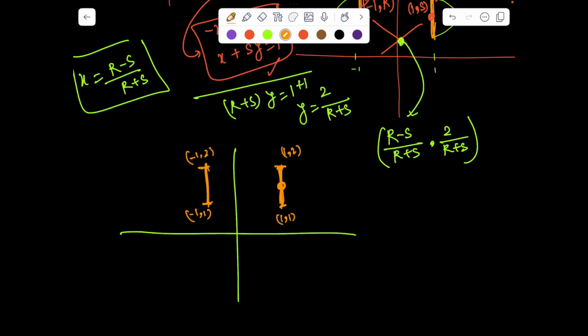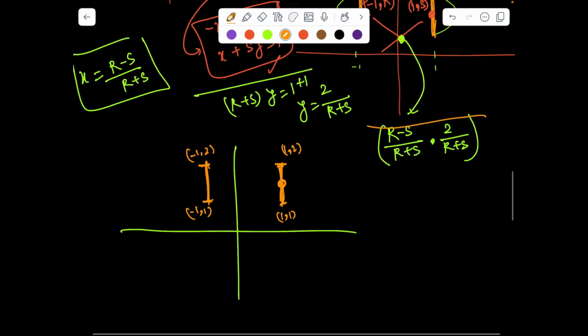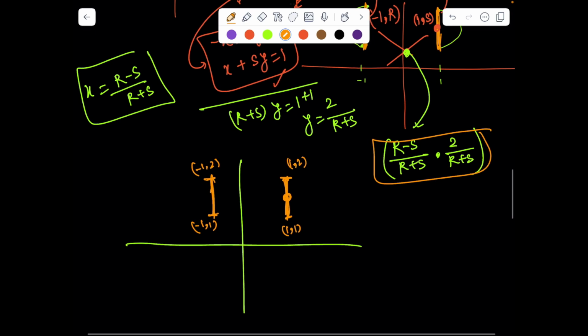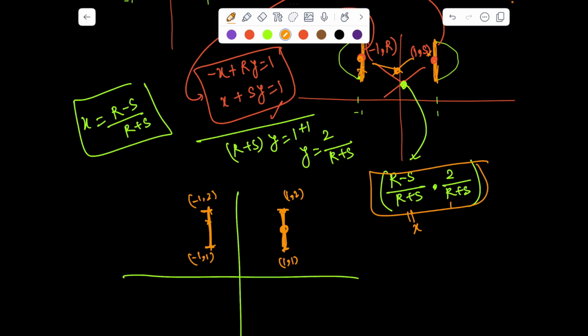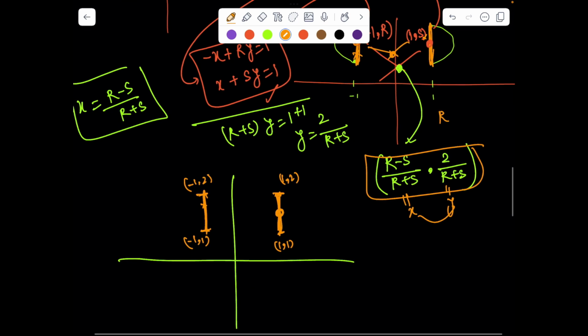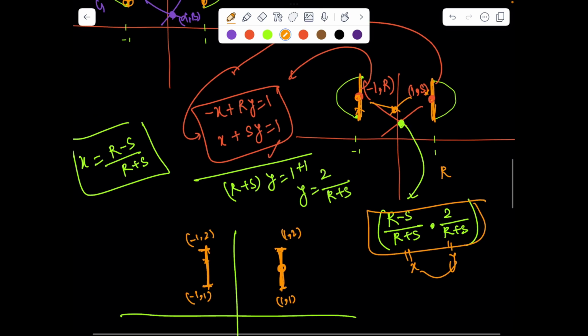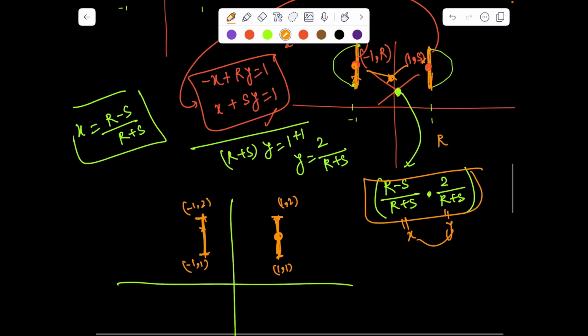We have (1, 1) to (1, 2) over here, right? And we have the point of intersection. So you take any arbitrary point here on this line and any arbitrary point there, the point of intersection will be (r minus s, 2) by r plus s. And now basically we need to find the locus of this coordinate, this area bounded by this. But the problem here is r is, again, varying.